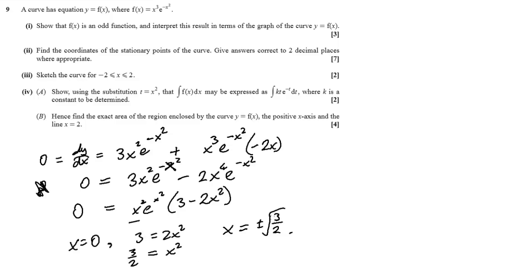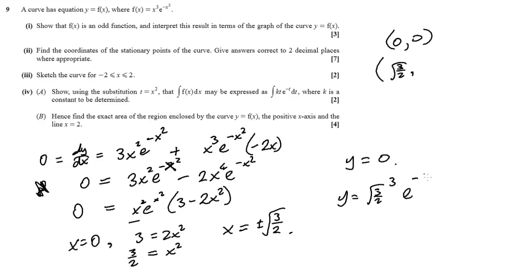Then we need the y coordinates. And to get the y coordinates, we sub in the values into the equation. So y is 0 at 0, 0. So we've got point 0, 0 as the first stationary point. Or if we have root 3 on 2, then y will be equal to root 3 on 2 cubed e to the minus x squared, which is just 3 on 2.